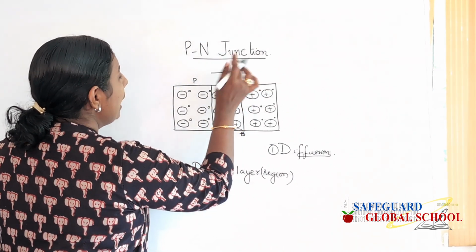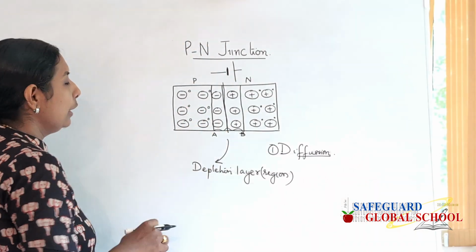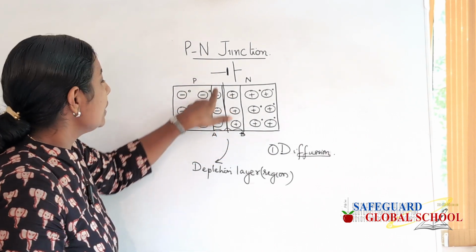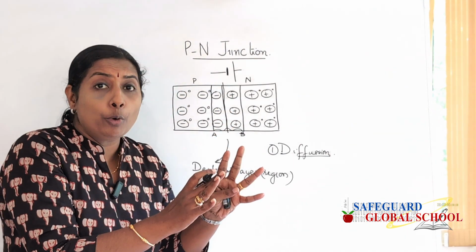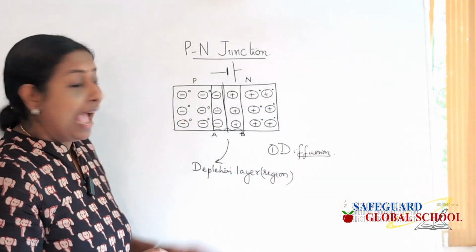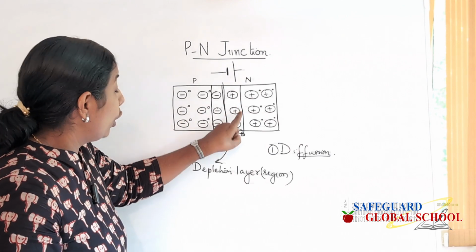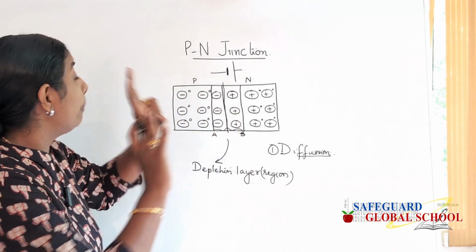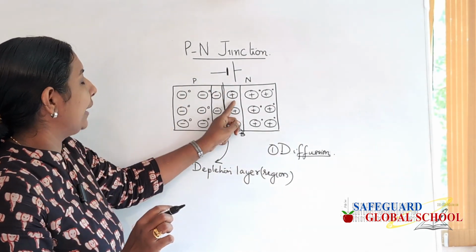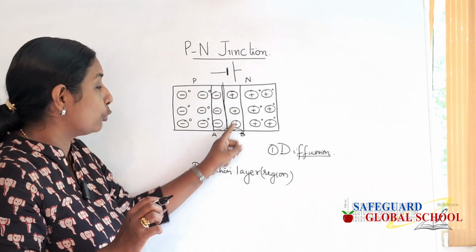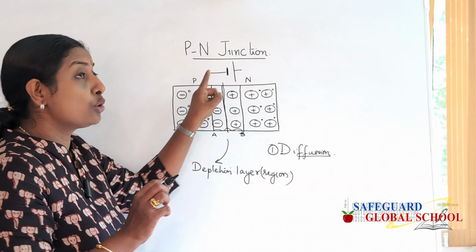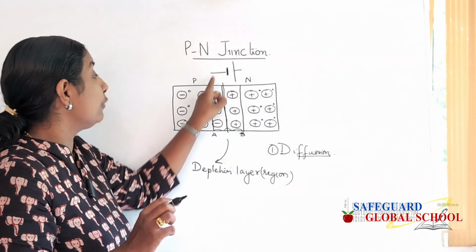So there develops a potential difference here, so that the negative acceptor ions will try to oppose the further motion of electrons from here to here, and the positive donors will oppose due to repulsion. As holes are positive, these holes cannot move here due to the repulsion from the positive ions, and the electrons cannot move to this side due to repulsion by the negative ions here.